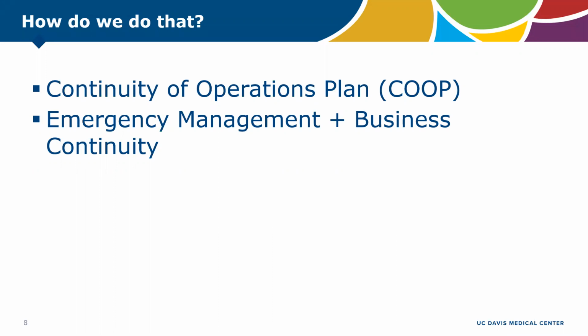A lot of times you'll see that those two things are handled by different people, different teams, different parts of the organization. When you connect them together through a continuity of operations plan and program, it's not just a plan, it's also a program. When you weave them together beforehand, then you can have all of those resources and all of that analysis and all of those strategies at the ready for when you need to employ them.